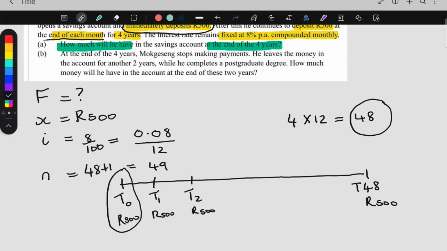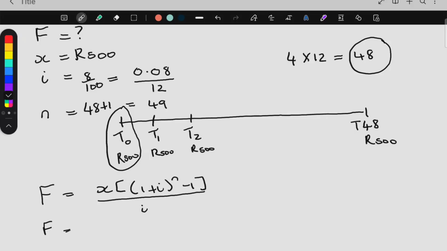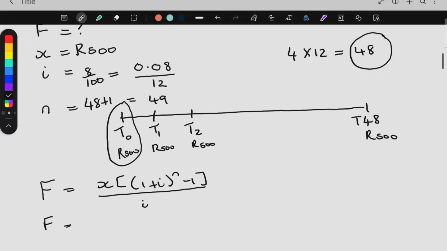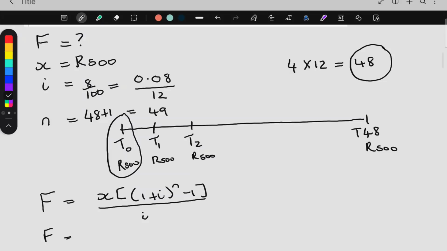Okay, so now we're going to write our formula down. Here's our formula. We don't know what F is. X over here is 500, so I'm going to put the 500 there. Then 1 plus I. I, we write as a decimal over 12. And our N is our number of payments. N is 49 minus 1.